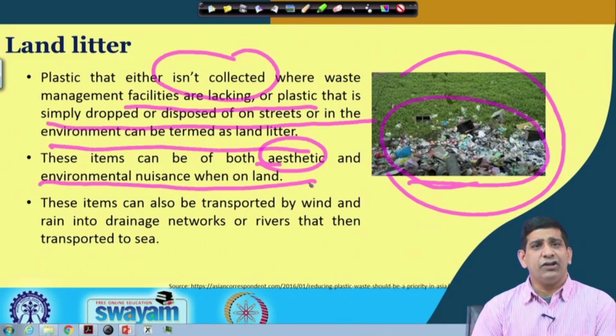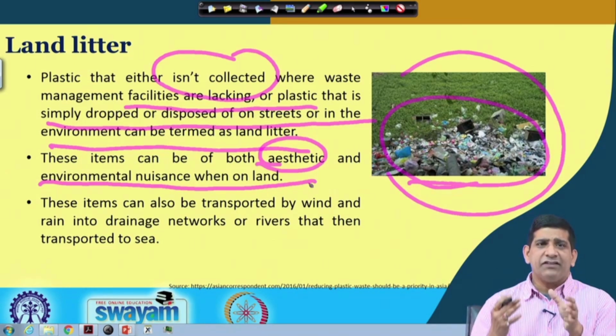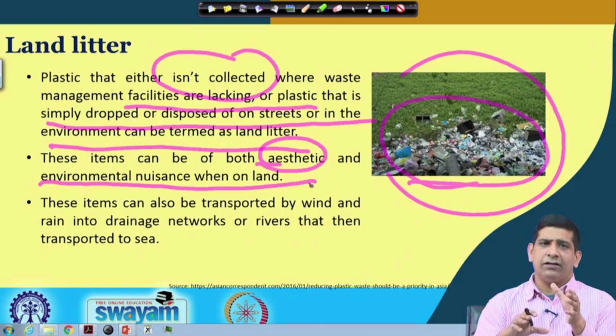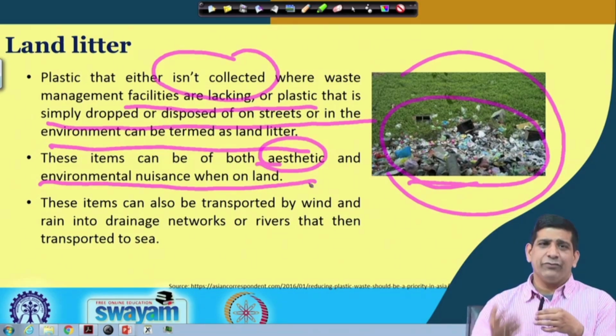Why is it an environmental nuisance? Of course, it just flows around, and many times we see animals, especially cows, dogs and goats, getting into that littered waste pile and trying to eat food waste which is wrapped in plastic, and they consume that plastic into their body.